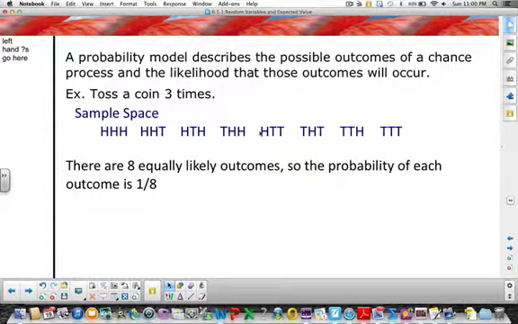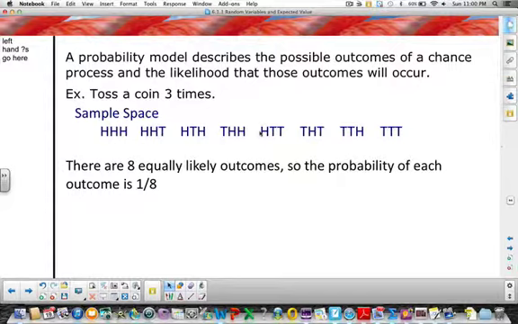However, if I wanted to look at how many heads occurred, then our model changes a little bit. So what we're going to do is define a variable, which we're going to call x, as the number of heads that will occur. And what we want to ask ourselves is how likely is each possible value of x? So let's look at the different possibilities. The first possibility says x is 0.